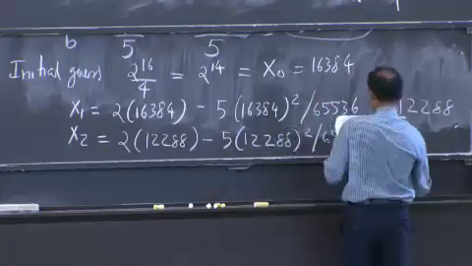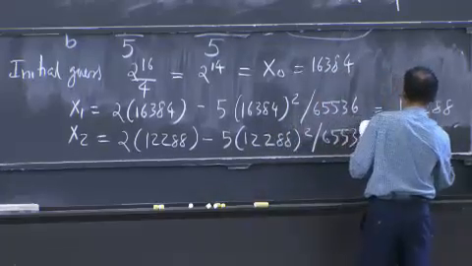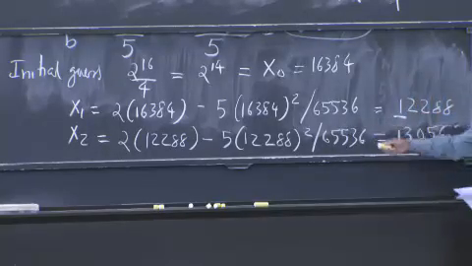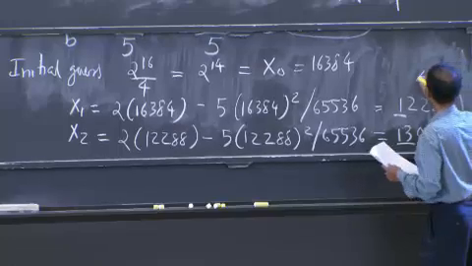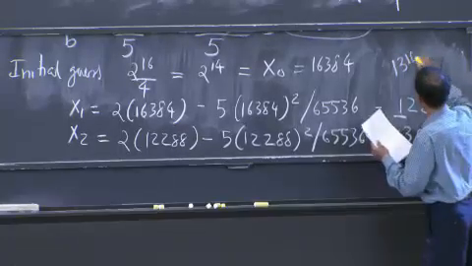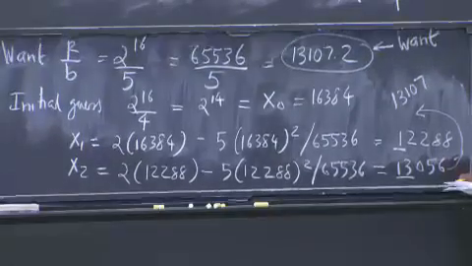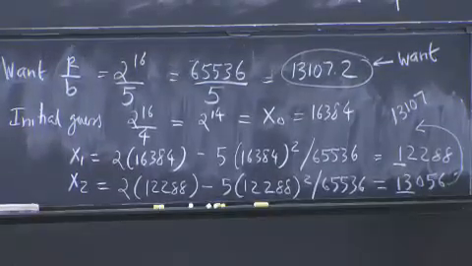And this division is easy. It's a shift. You get 13056. I won't write this whole thing out, but if you take that, the next thing you get is 13107. So as you can see, there's rapid convergence here.